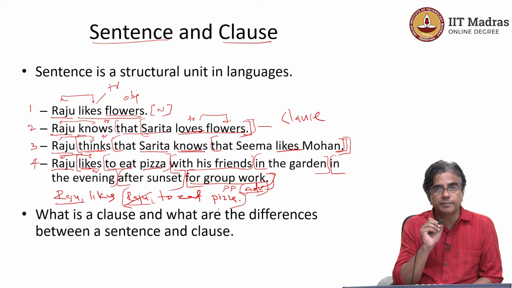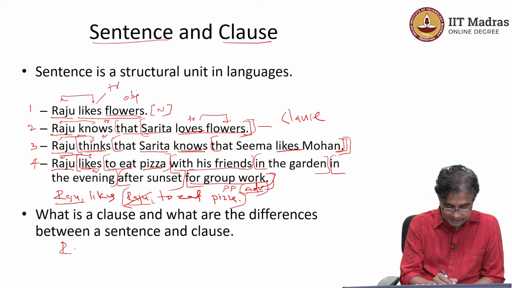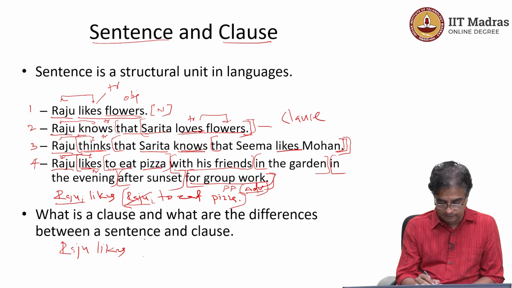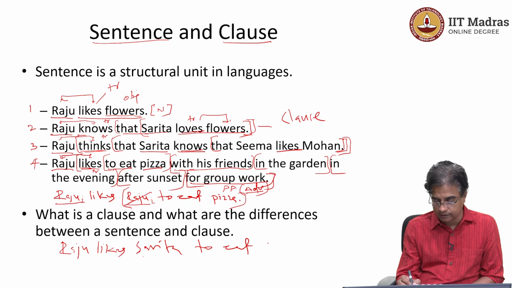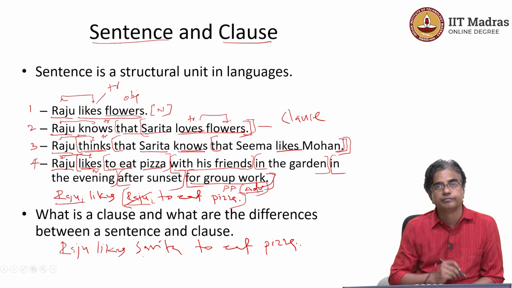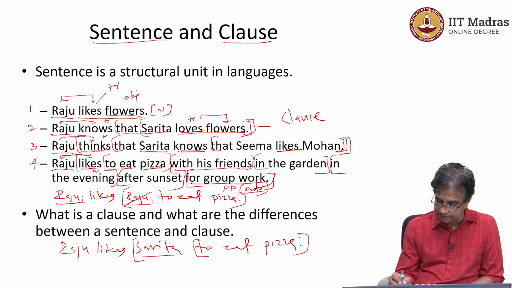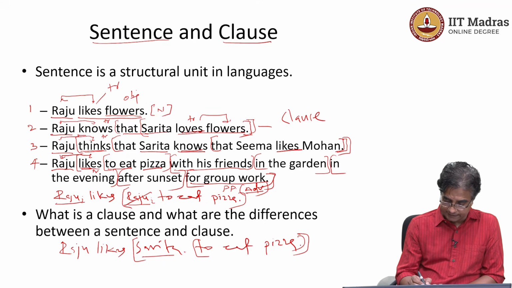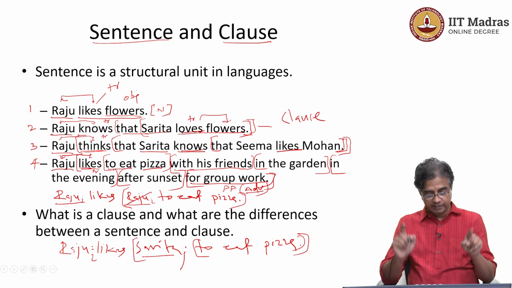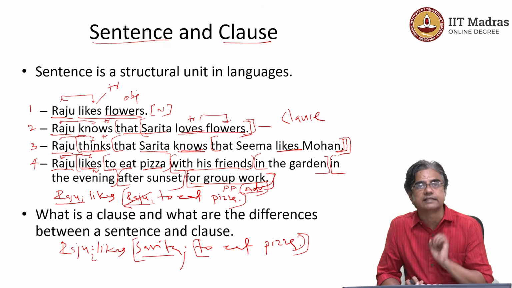So, potentially speaking, we can say Raju likes Sarita to eat pizza. Here, Sarita is the subject of this predicate. And Sarita is J, Raju is I. Meaning when they are not co-indexed, then the second subject has to be present in the sentence.